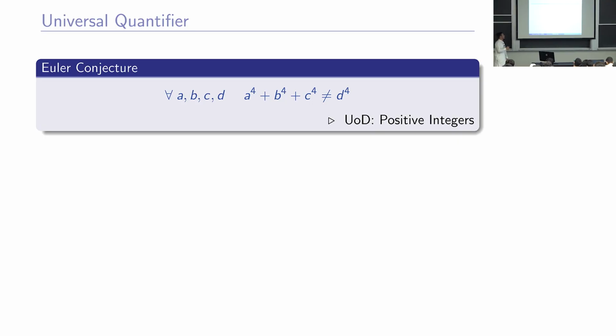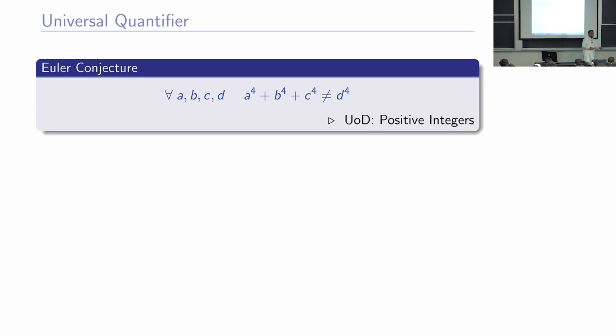Here is what Euler's conjecture can be written as: for all a, b, c, d among the positive integers, the universe of discourse for each of these four variables is positive integers. Euler said a to the 4 plus b to the 4 plus c to the 4 equals d to the 4 does not have a solution among the positive integers.